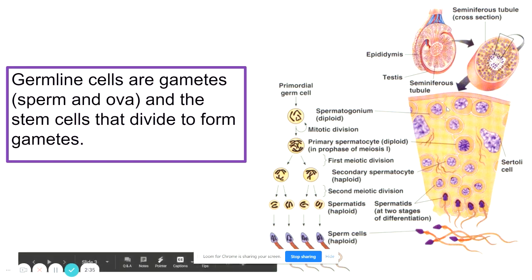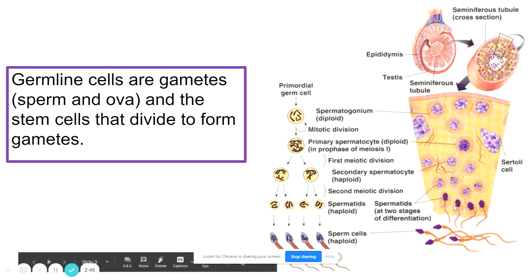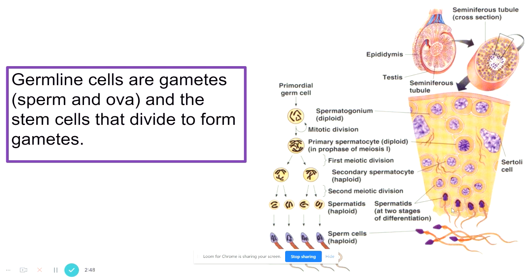Okay, so we've got the diploid stem cells divided by mitosis to regenerate, but also the diploid stem cells divided by meiosis to produce haploid sperm cells. Okay, and the same kind of thing happens within the ovaries to produce ova.